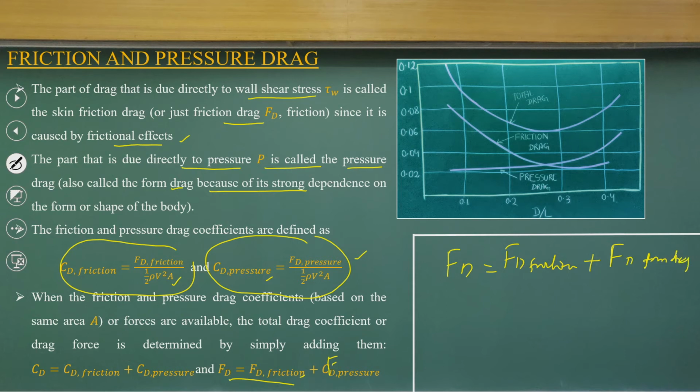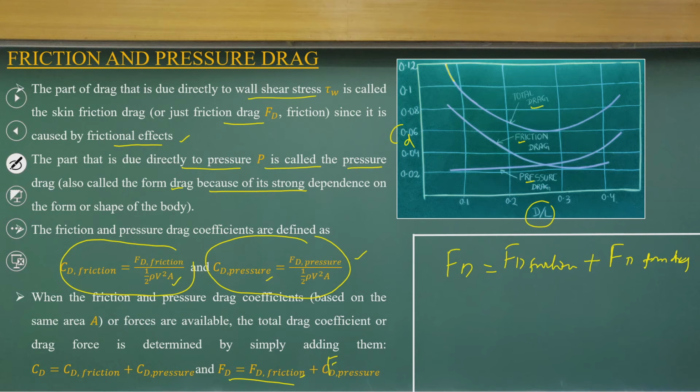That is what. Now, if you look at one of the very simple examples of how the drag coefficient CD varies, friction drag and pressure drag vary as we change the D by L ratio. If we change the D by L ratio of a flow system, this is how the CD of friction drag and pressure drag, and the total drag, behave.